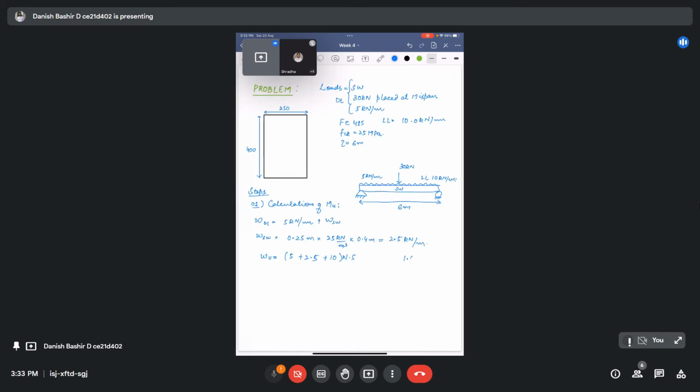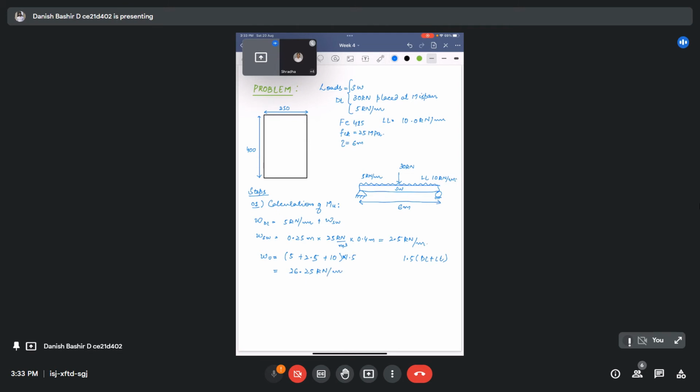It is 1.5 times dead load plus live load. This is the worst combination that we have to check for calculating the ultimate moments. It comes out to be 26.25 kilonewton per meter.